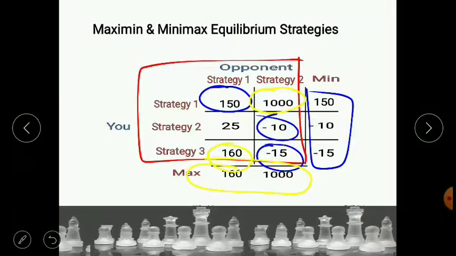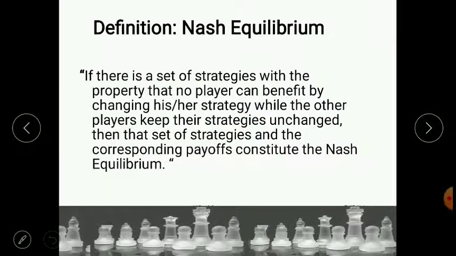Fine. Talking about this similar example, let me introduce you to one more term here, that is Nash equilibrium.